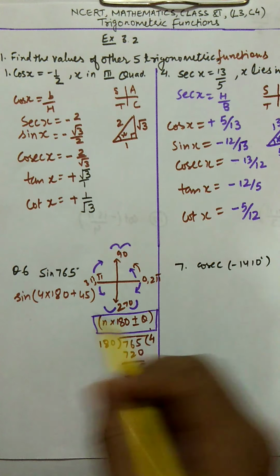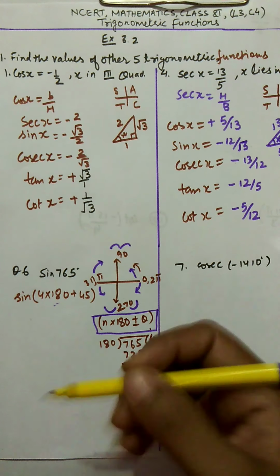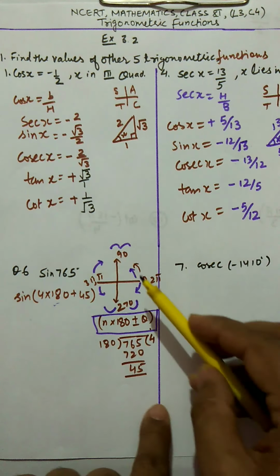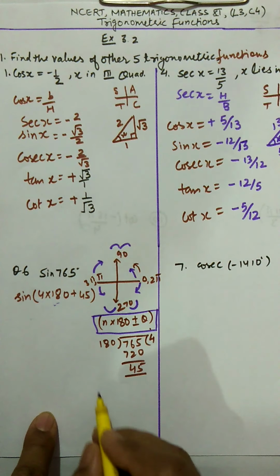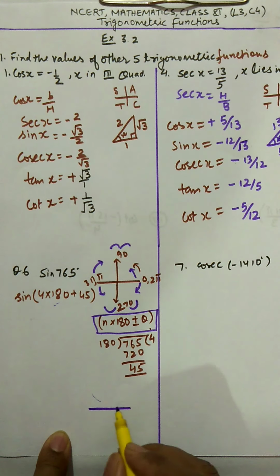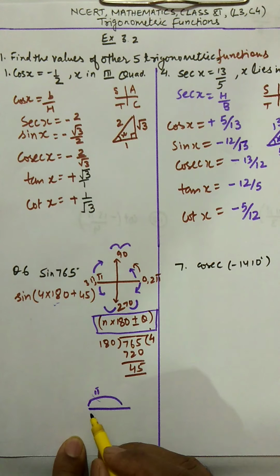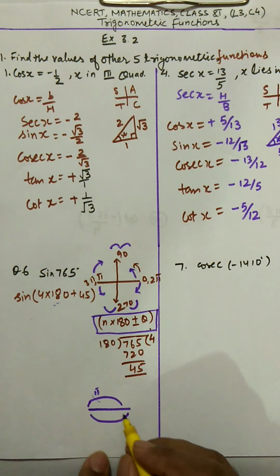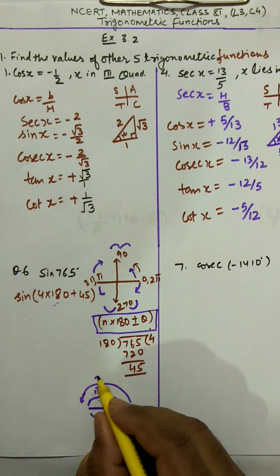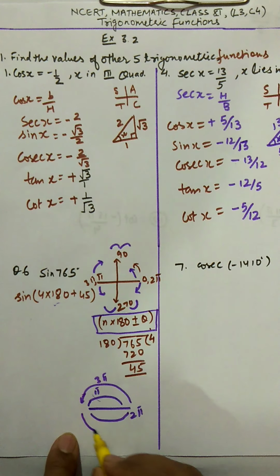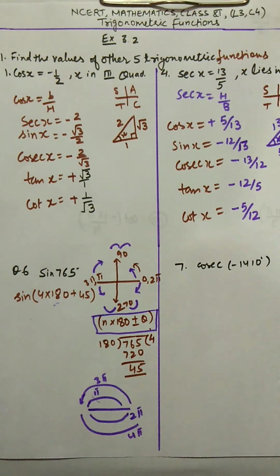So now you see, when we are talking about 4 into 180, it means where you are landing. First you have to understand, if I make a half rotation, this is your first half rotation, which is equal to pi, and if you do the second rotation, it's going to be 2 pi. If it is the third rotation, it's going to be 3 pi, and the fourth semi rotation is going to be 4 pi.